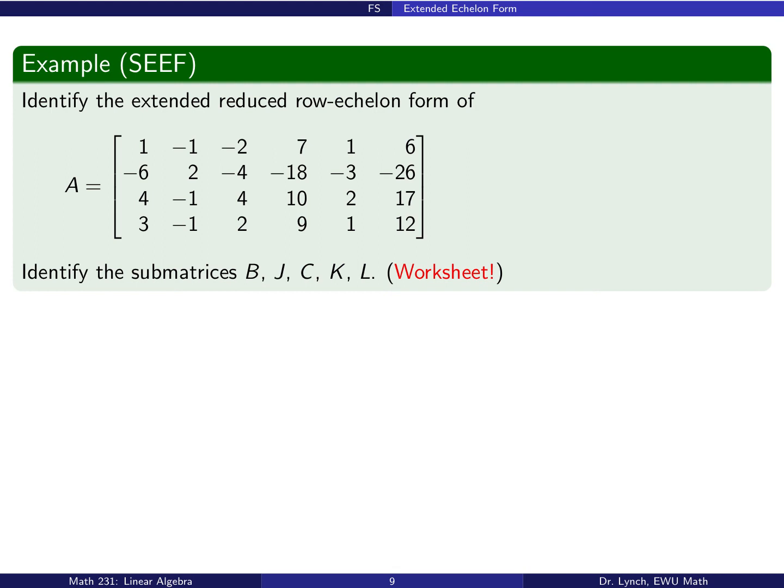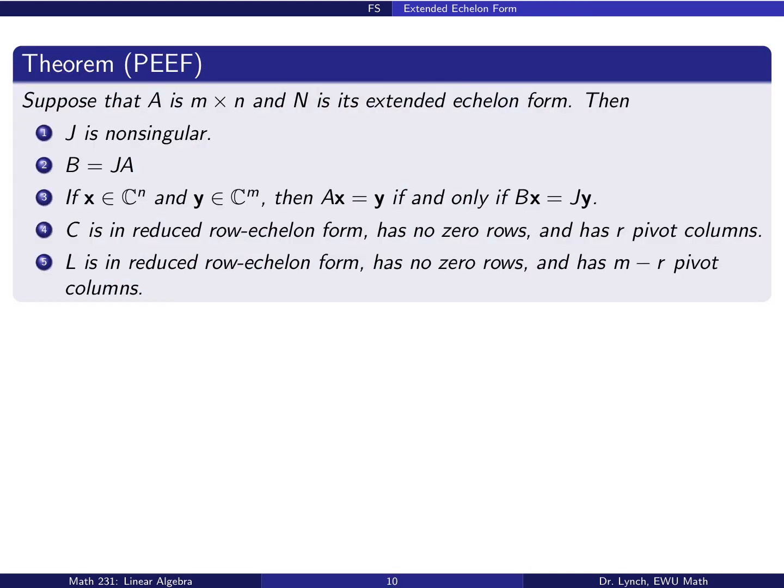In any case, here is the main result of this section that relates that extended echelon form, here we call that extended echelon form N, to the different matrices in that extended echelon form. Okay, the first result is that J is a non-singular matrix, and B has a property that is equal to J times A. We see that AX equals Y if and only if BX equals JY.